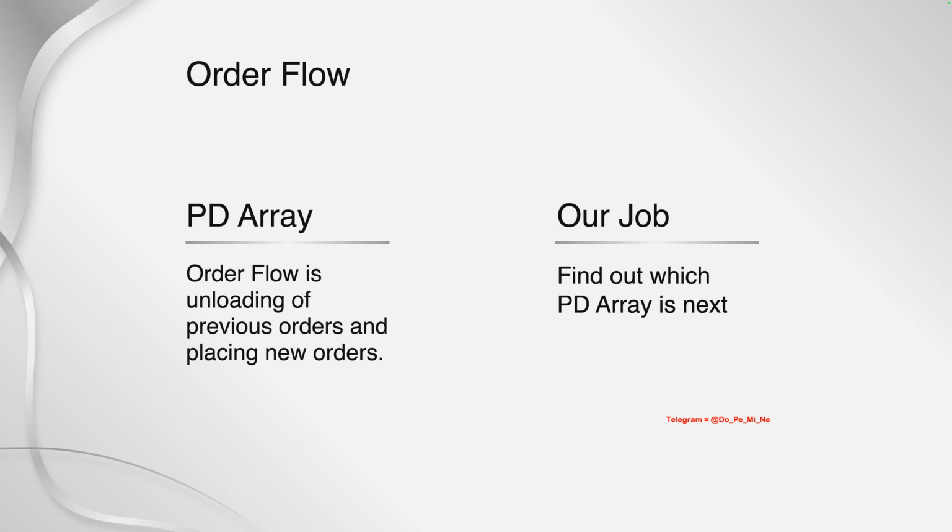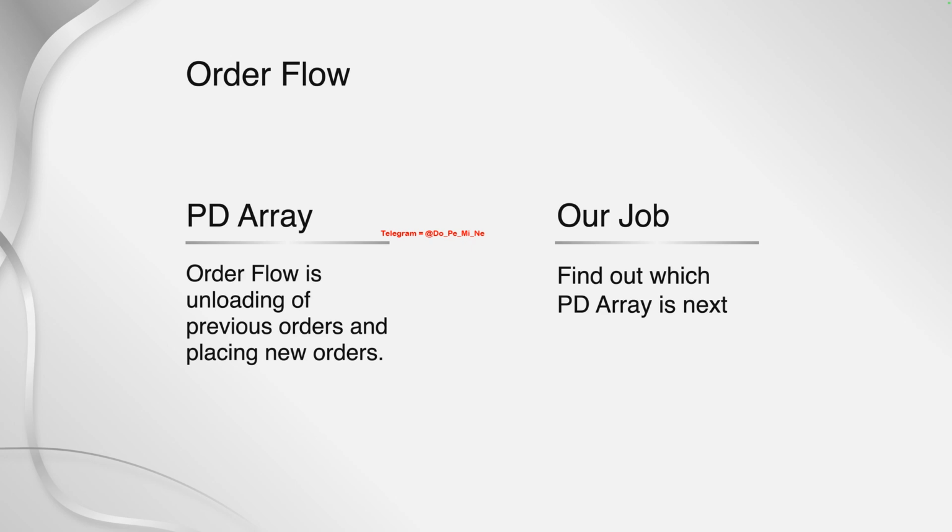So our job is to find out where we are going to unload previous orders and where we are going to place the new orders. Because in between moving from those PD arrays to the next PD arrays, that is exactly where we can capitalize. Again, the movement from the previous PD array to the next PD array is a constant process.